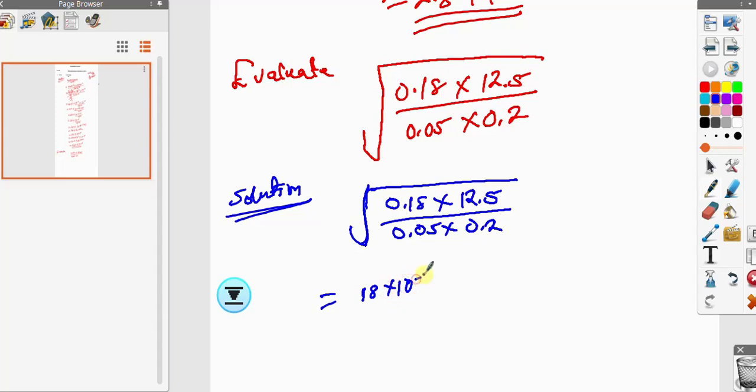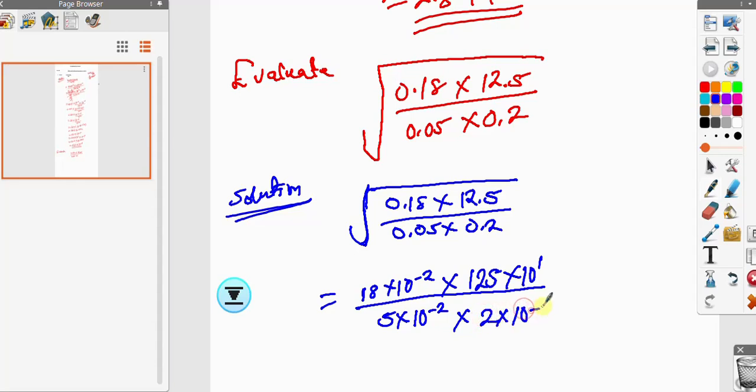times 10 raised to power minus 2, right, times 1.25 here times 10 raised to power 1, right, over, count, shift this one, 1, 2, that is 5 multiplied by 10 raised to power minus 2 times, shift this one to the right hand side, that is 2 times 10 raised to power minus 1, right? Everything will now be under a square root, right?